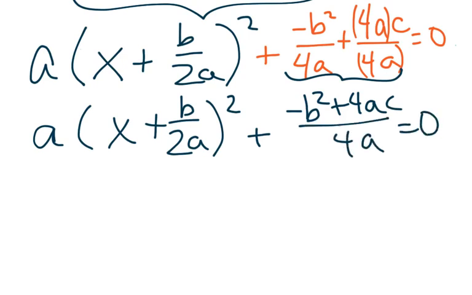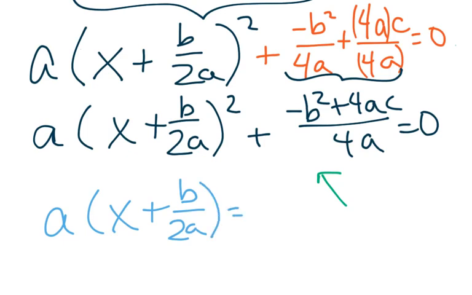And then I'm going to just put it on the other side. So I'm going to take that and add it to the other side or subtract it as the case may be. So next I'll have this still on the left-hand side. Since this is negative, I'm going to add b squared, and since this is positive, I'm going to subtract 4ac.